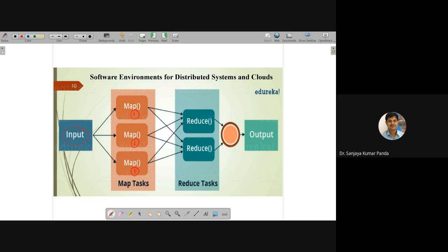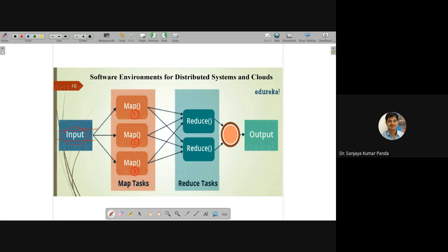So I have to divide the input into three different chunks, because the map function is there to generate the key value pair. Before generating key value pairs, you have to give data to each and every map function. Each map function is going to take a piece of data, so you have to split the data into multiple parts.